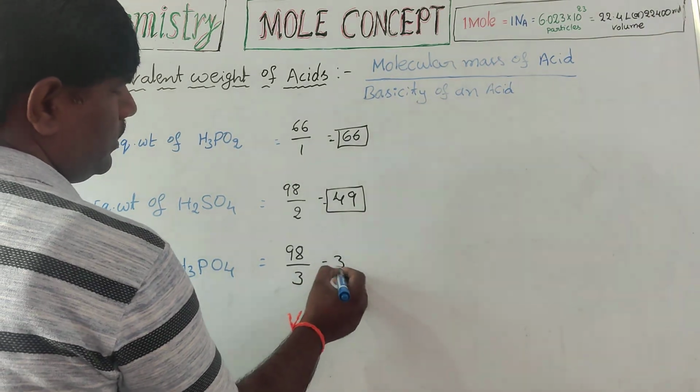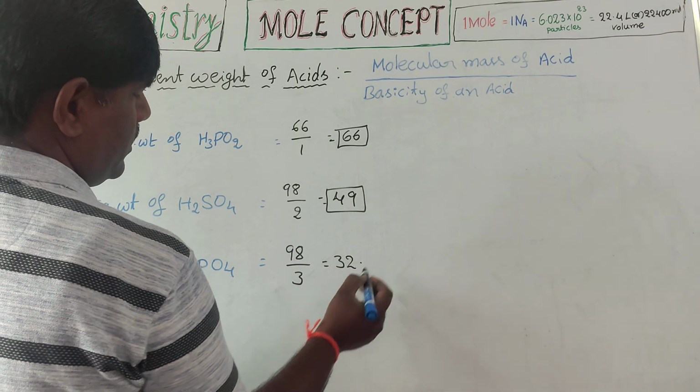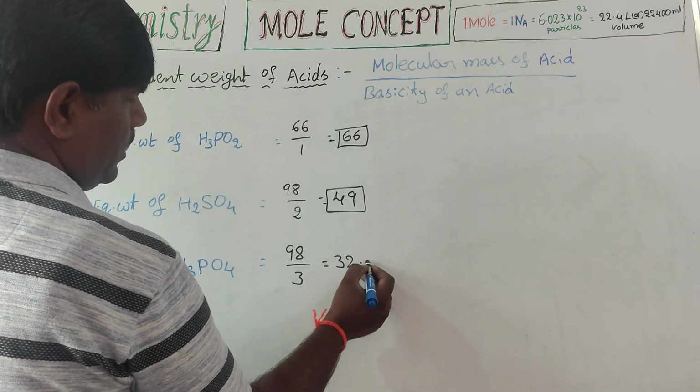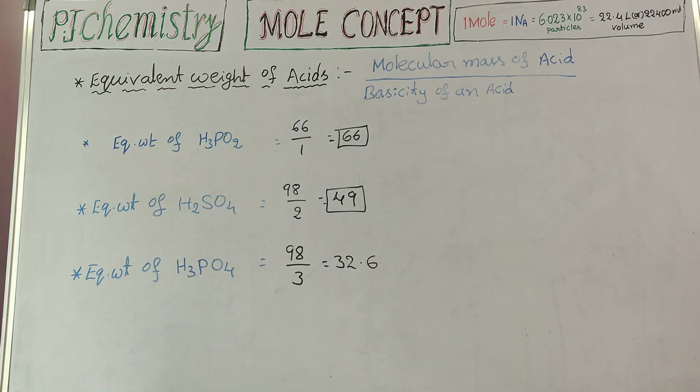Now 3 nines are 27, simplify it. 3 times 2 is 6, next 2 are there, 32.6.